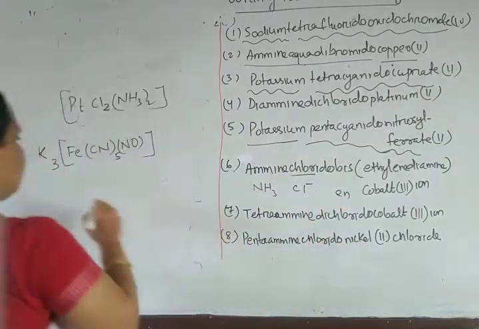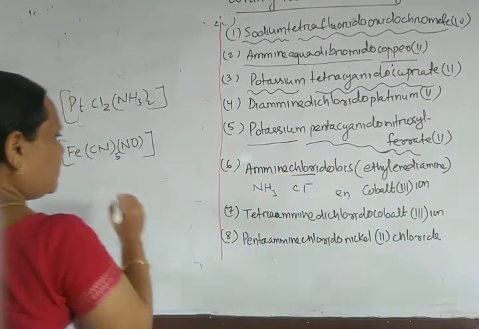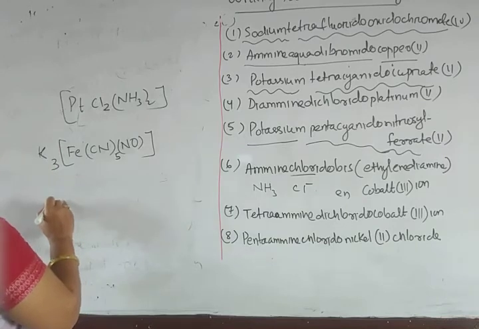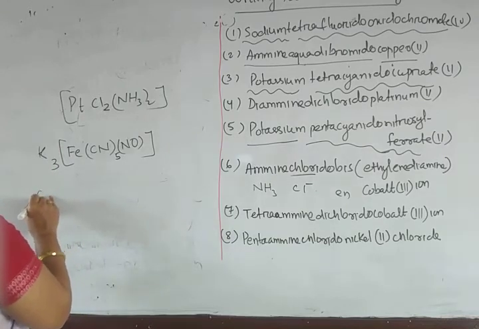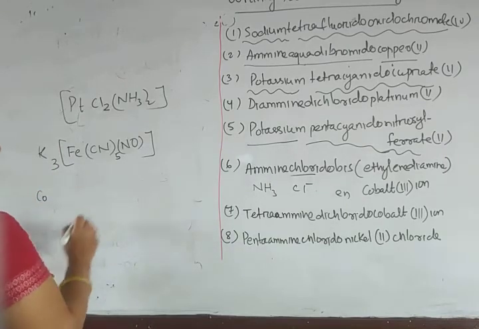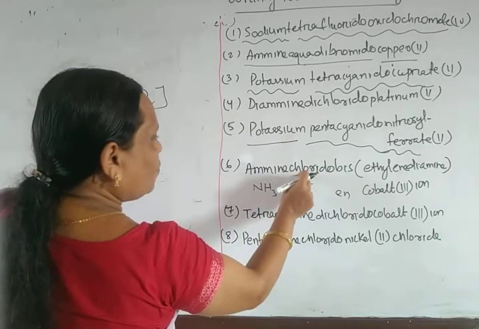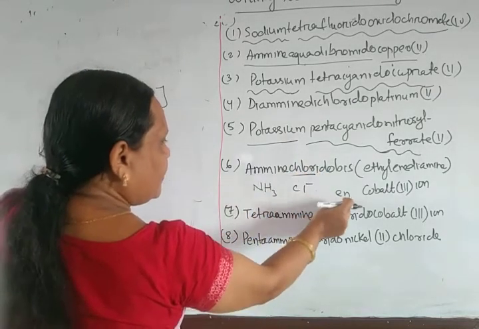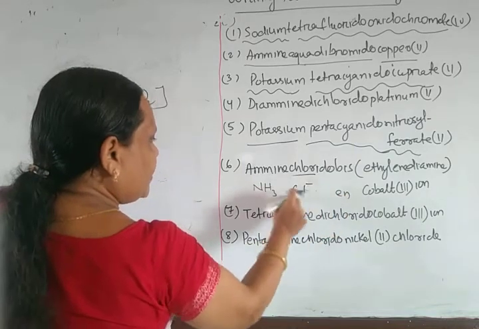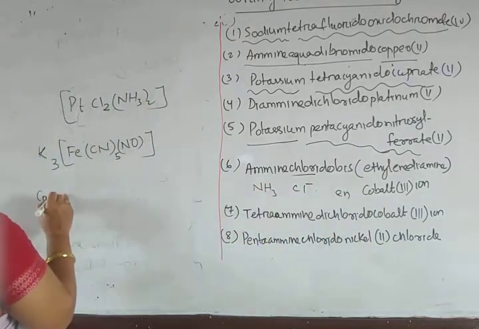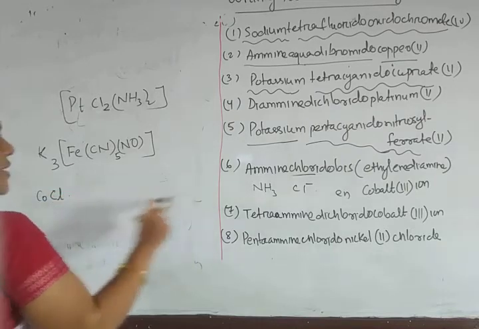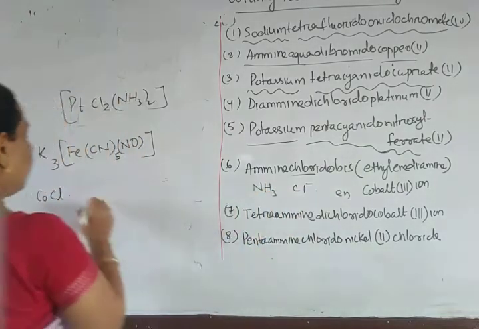In this way, first cobalt, then chlorido and ethylene diamine. Between chlorido and en, chlorido comes first. So Co, then Cl, then between en and NH3, en comes first.